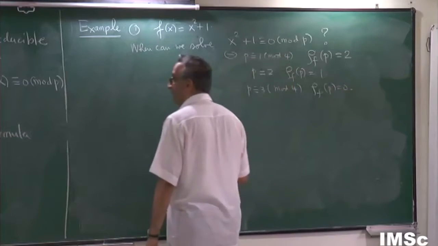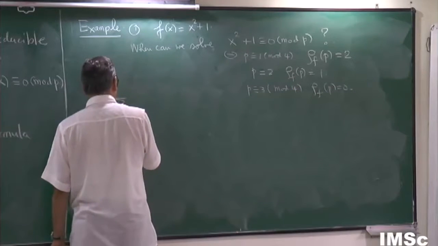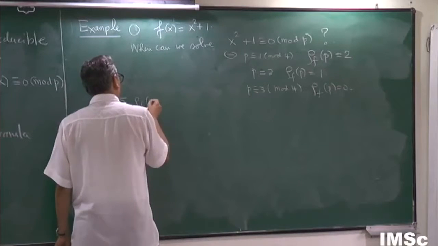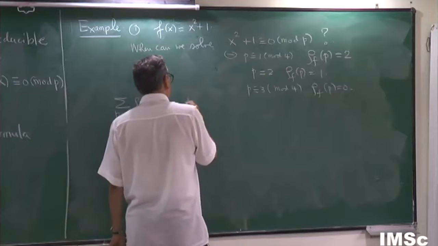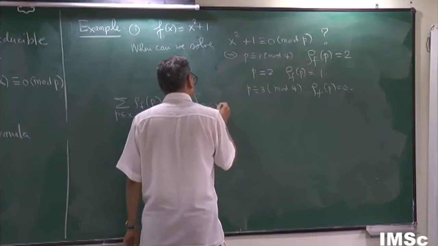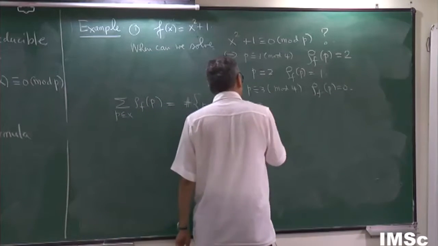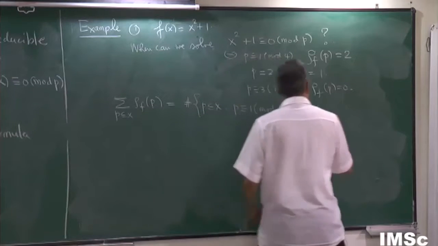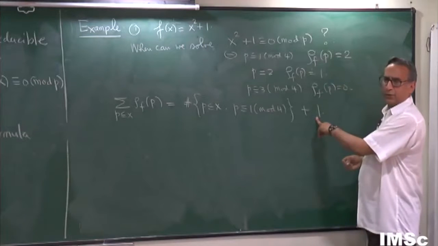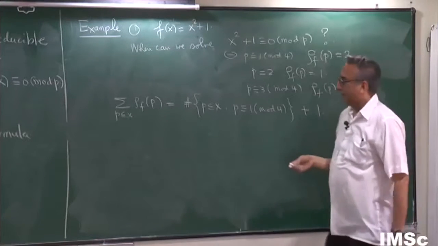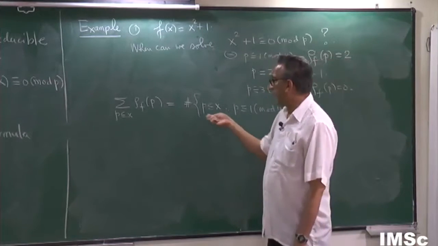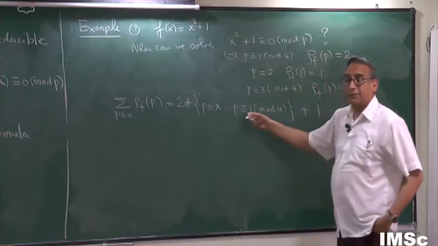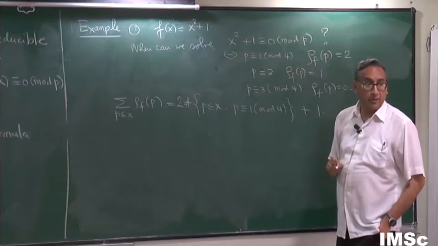So my problem of counting these solutions is really the number of primes up to x congruent to 1 mod 4 plus 1 because of the p equals 2 case. To find an asymptotic formula for this is tantamount to, sorry, there's 2 times that, right? Is tantamount to calculating the number of primes congruent to 1 mod 4.